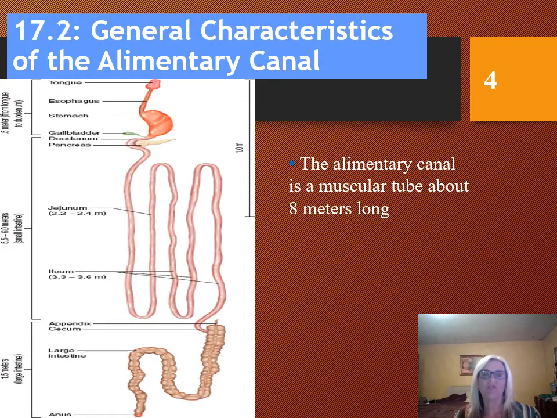If you stretched it all out, the alimentary canal would be about 8 meters long, which is pretty long. Most of that is the small intestine, some of the large intestine, but the small intestine is very long.